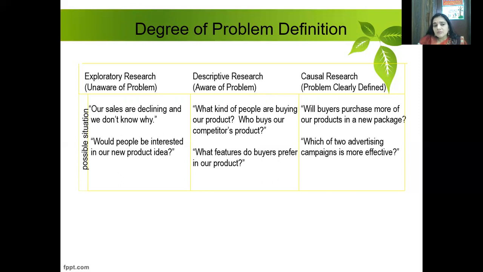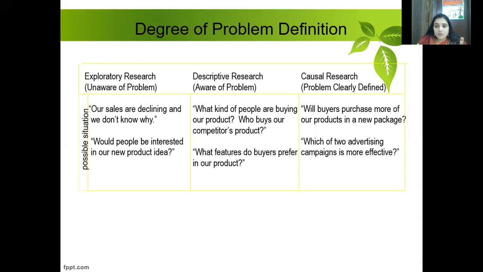So once you are done with the features to be added to the product, now you need further information. Descriptive research is when you are aware of the problem. You are not 100% clear what should be done or how it should be done, but still you know the problem. For example, what kind of people are buying our product, who buys our competitor's product.